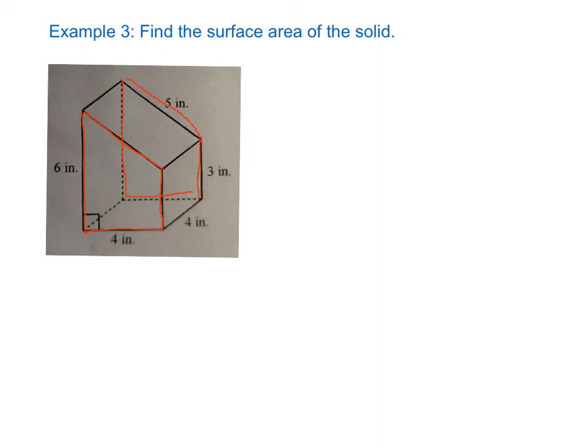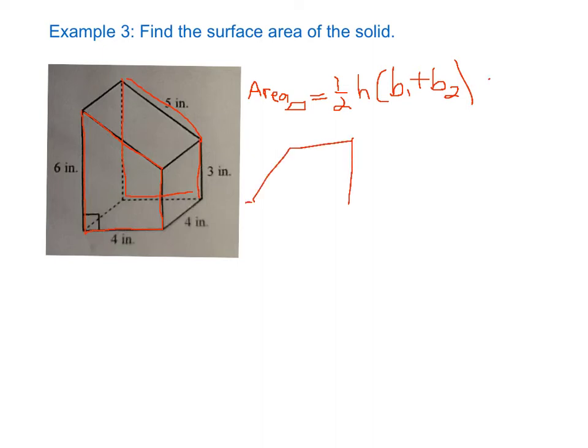So if we were to find the area of the trapezoid, it's 1/2 times the height times the sum of the bases. And that trapezoid, if we draw this, I'm just going to draw each face and find the area of that, where this is 6, this is going to be 3, this is 4, that's 5.